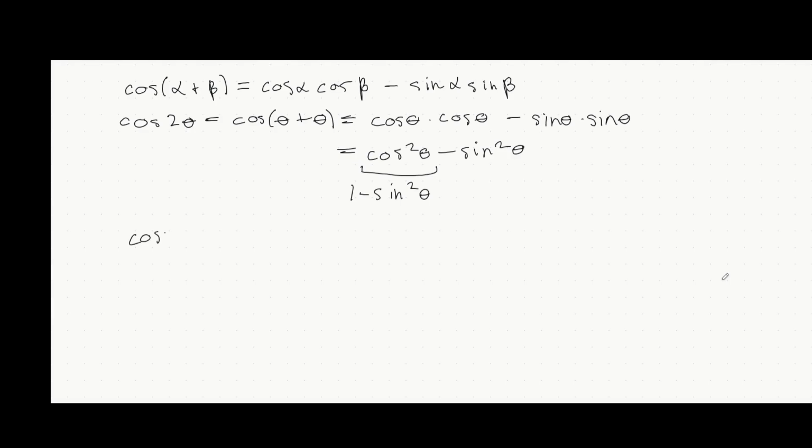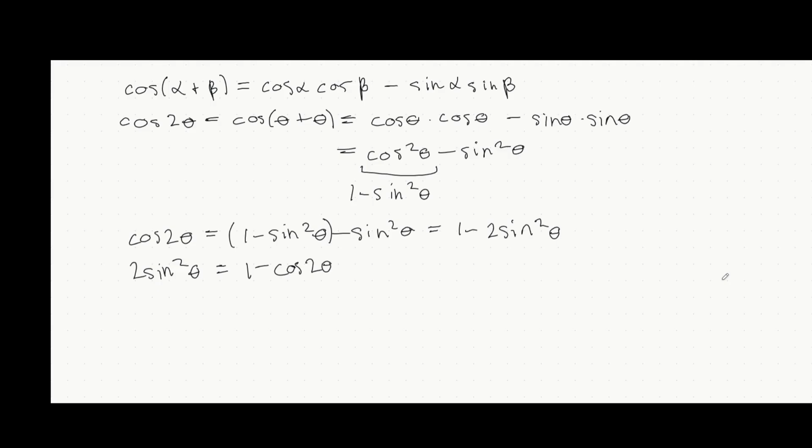So just rewriting the double angle formula for cosine with our identity, we have 1 minus 2 sine squared theta, and we want to solve for sine squared theta. So 2 sine squared theta is 1 minus cosine 2 theta, and so sine squared theta is 1 minus cosine 2 theta all over 2.